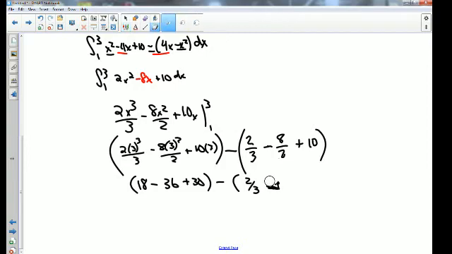Don't do that. That makes messy notes. So that's 12, right?